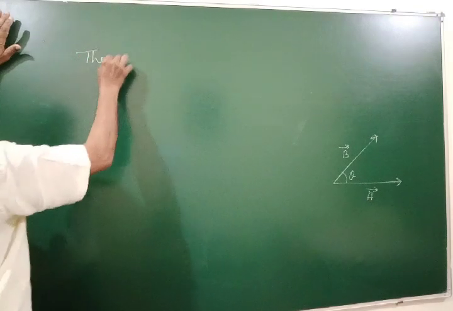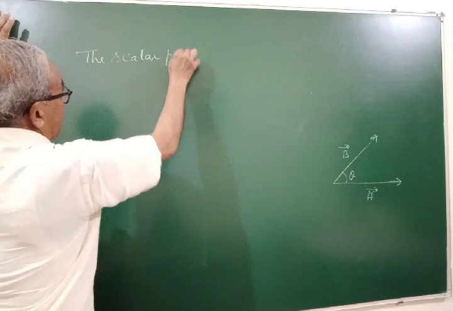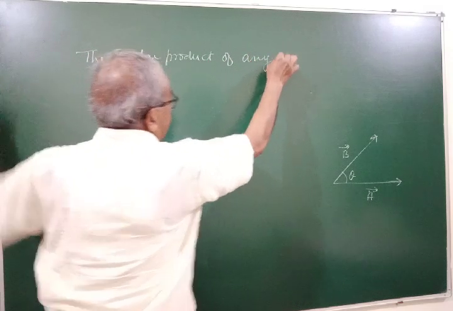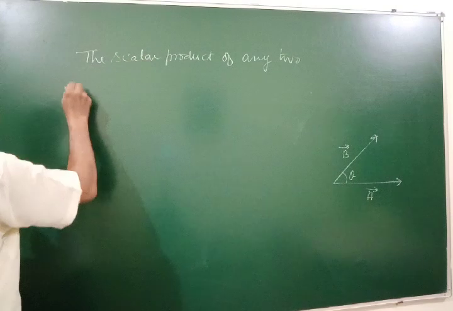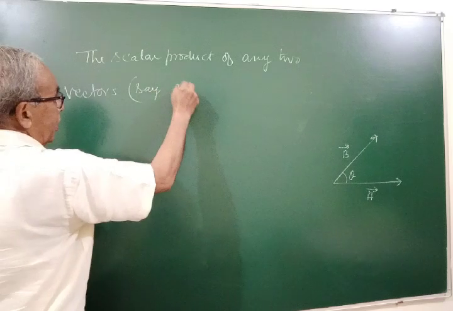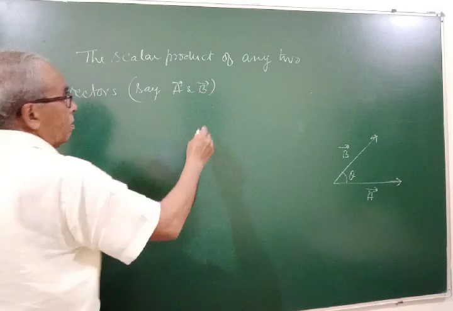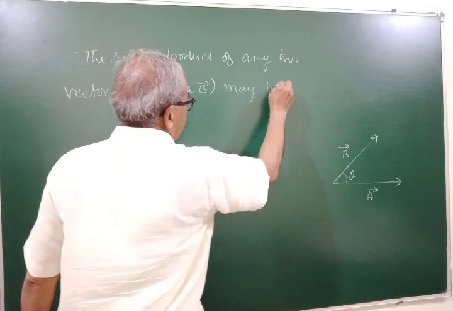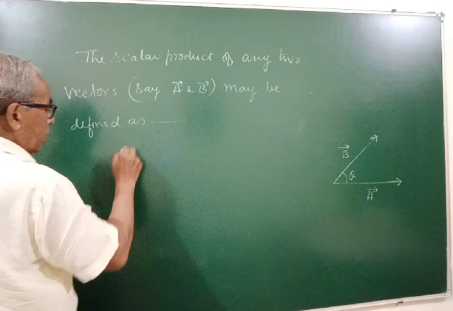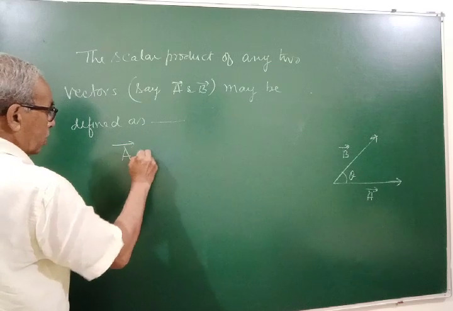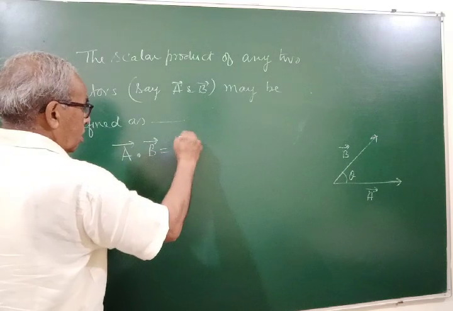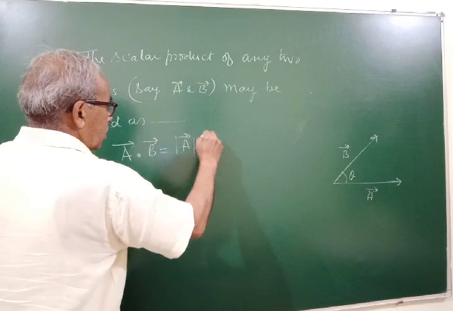So the scalar product of any two vectors, say vector A and vector B, may be defined as vector A dot B, and this dot should be very clear here, equal to modulus A modulus B cos theta.